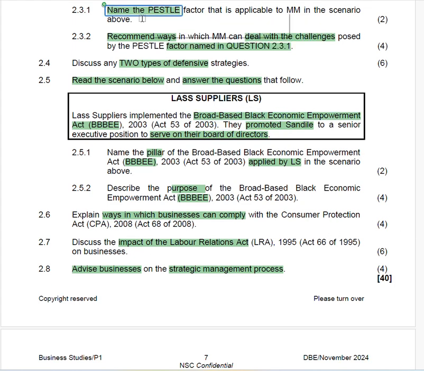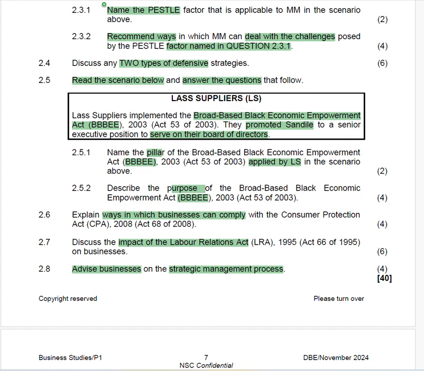And then the next question is, discuss the impact of the Labor Relations Act in the business. There are a number of impacts of the Labor Relations Act. But what I want us to understand is, what is the Labor Relations Act, and then we can address the key impact of the Labor Relations Act in the business.